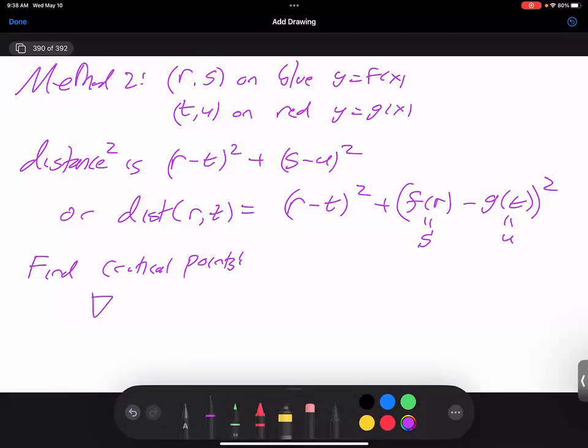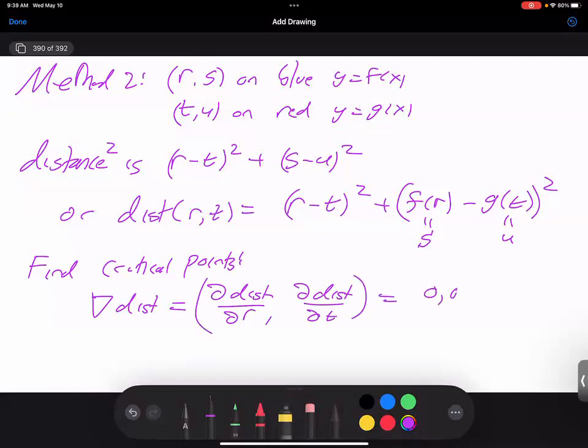So I want the gradient of the distance function. Is it equal to 0 the number or 0 the vector? 0 the vector. So that's going to be d distance dr, d distance dt, and that should be 0, 0.